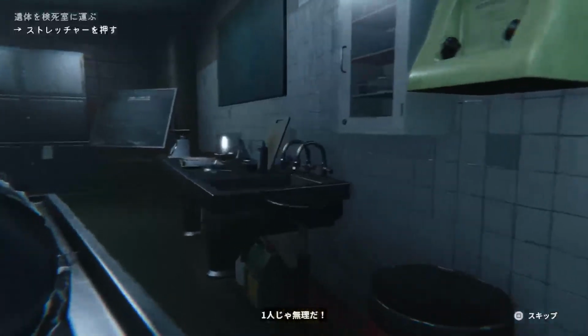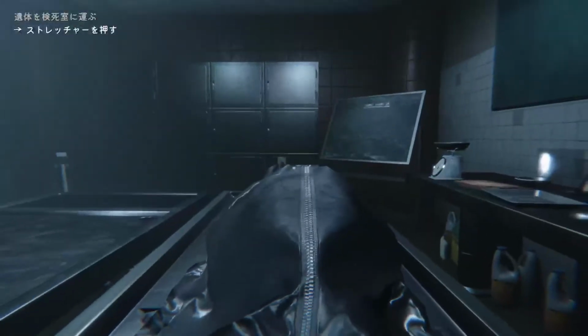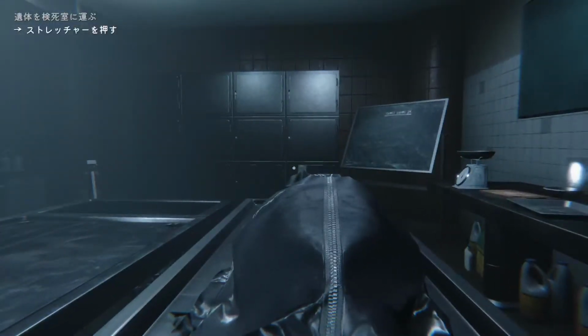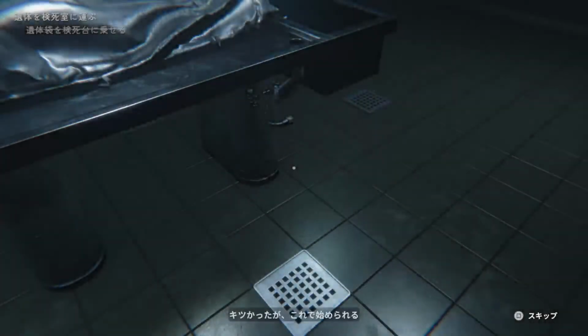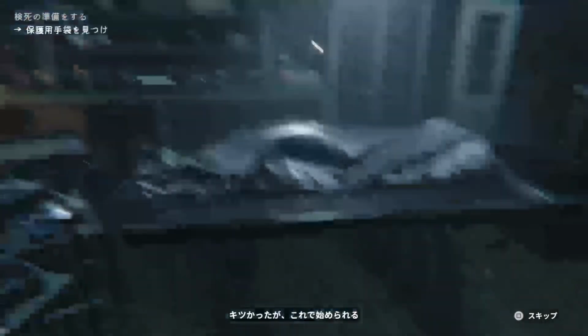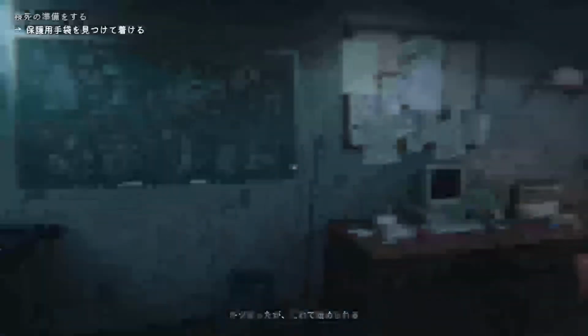I can't lift this bag myself. Red light! It wasn't easy, but at least I can start.